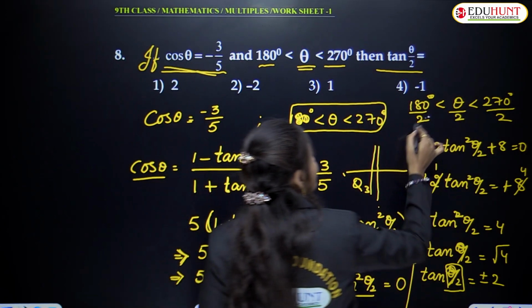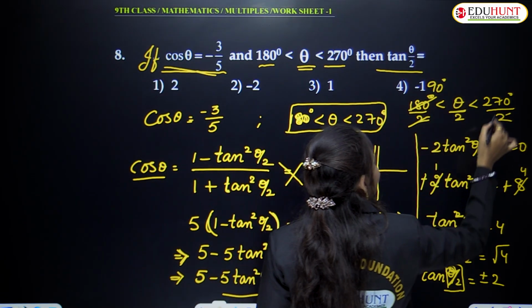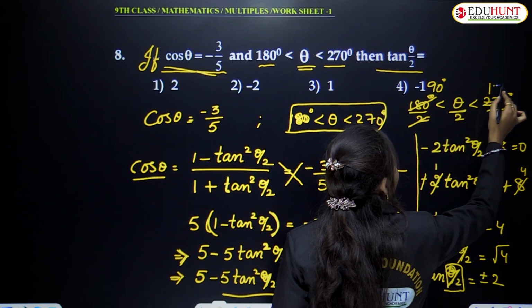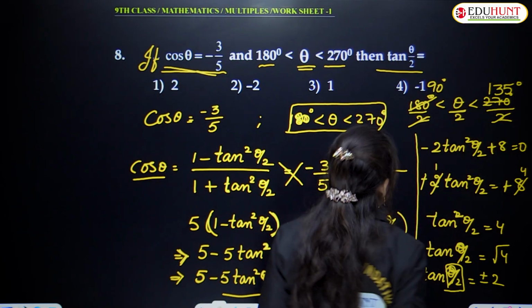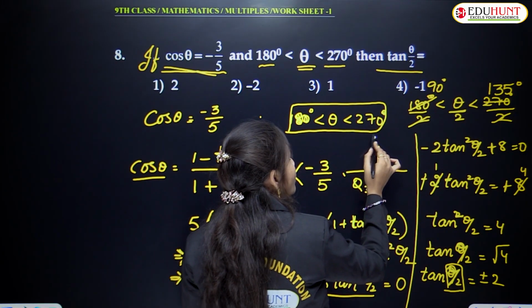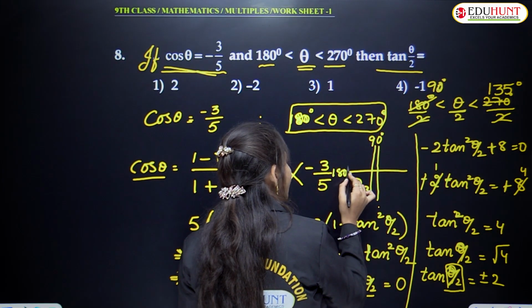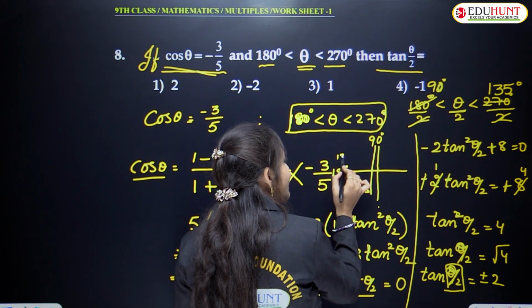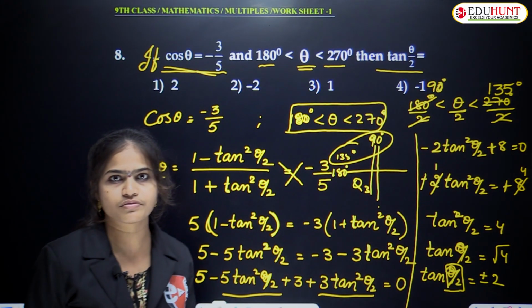So 2 into 90 is 180, and 270 divided by 2 is 135. So here 90 to 135, so this is 90 and this is 180. So theta by 2 lies between these two values.